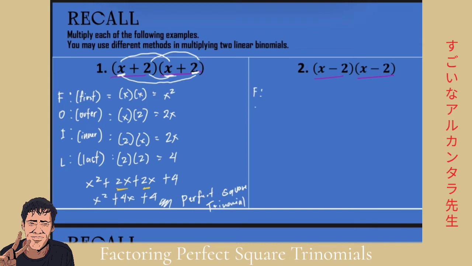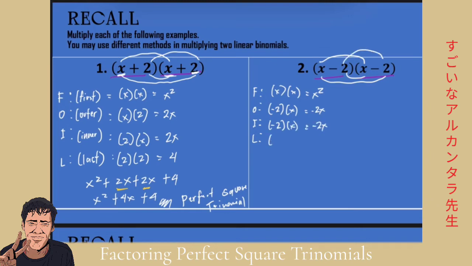Similarly, you can have here x times x, that is x squared. Outer terms, negative 2 times x, that's negative 2x. Inner terms, that will give you negative 2 times x also, negative 2x. Then negative 2 times negative 2, that will give us positive 4.